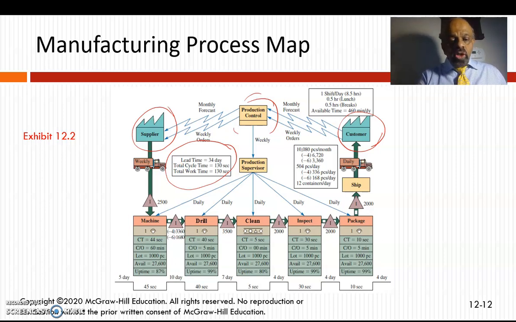They would also show, for each machine, the different factors that affect it. For example, the uptime: in this case the inspection machine is at 99% uptime, which means it is almost up all the time, whereas this machine is up 87% of the time.